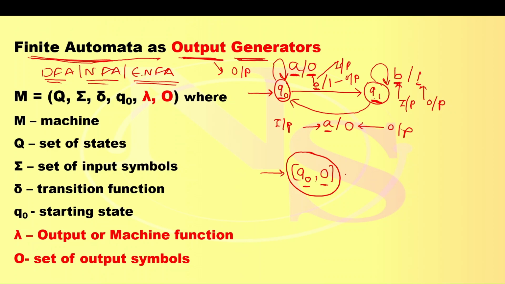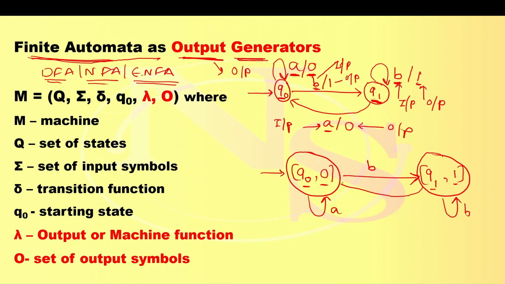Let me draw this diagram. Then Q1 is a state associated with output. Q0 reading B, for example, goes to state Q1 giving output 1, and Q0 has the self loop for transition A, this is for transition B, giving the output when reading input A. What is the change between these two diagrams? Here input is associated with output, here state is associated with output.